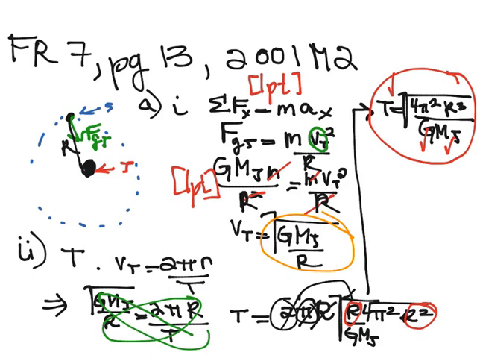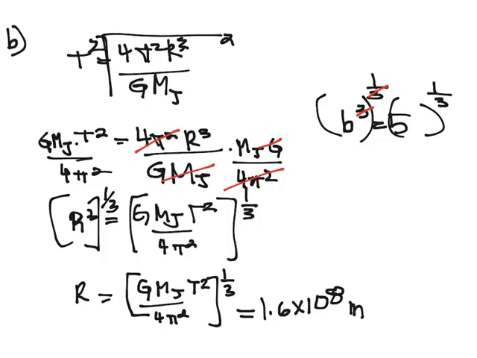You get 1 point if you actually solved for V_t, and 1 point if you actually, through your algebra, solved for T. In part B, you get 1 point for solving for R algebraically, and 1 point for the correct answer.